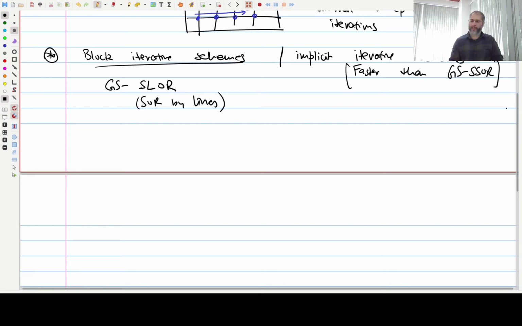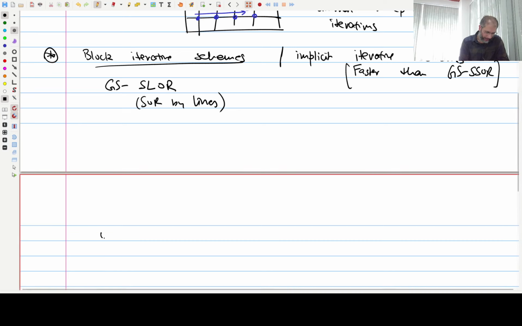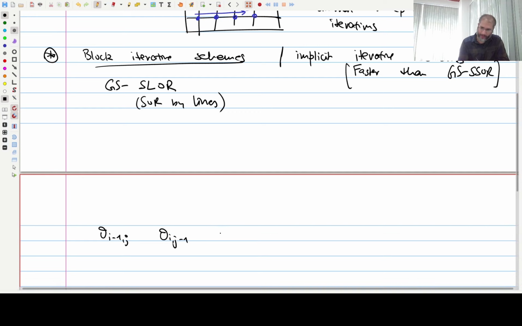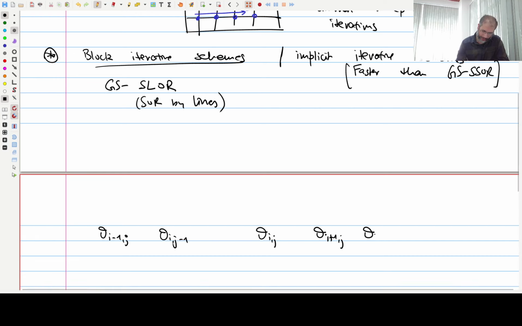So if we look at the difference equation, or the discretized equation that we had for the implicit scheme, it looked something like this: we had theta i minus 1 comma j, then a term with theta i comma j minus 1, then the theta ij term, then theta i plus 1 comma j, and then theta i comma j plus 1.